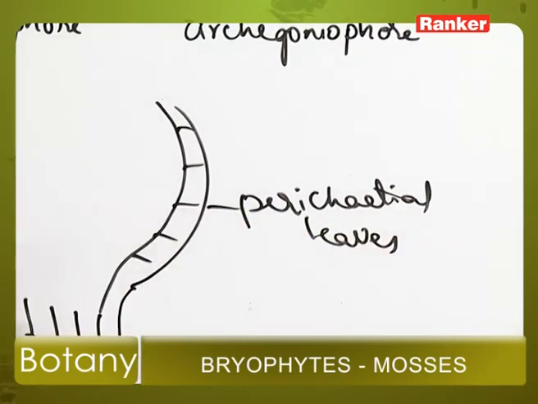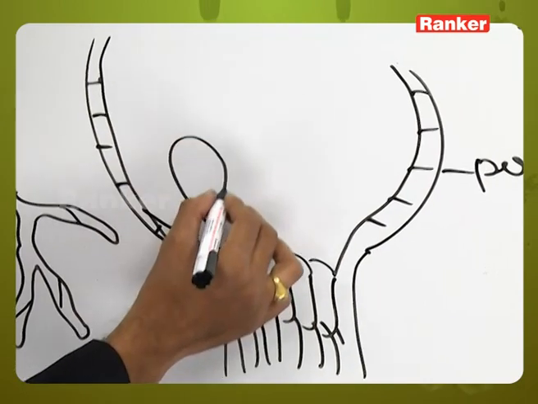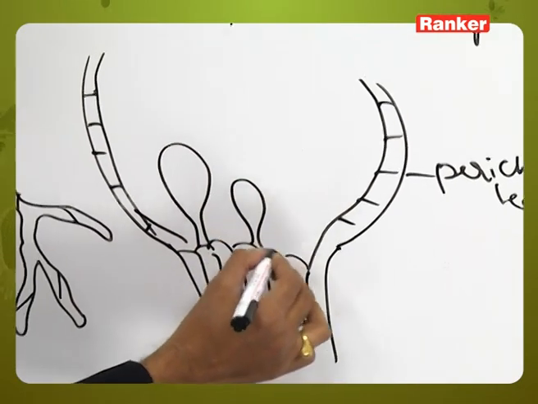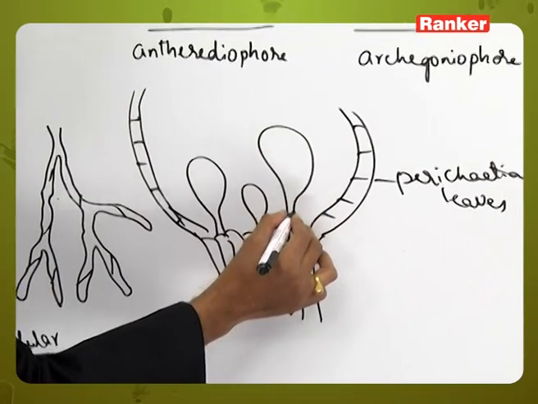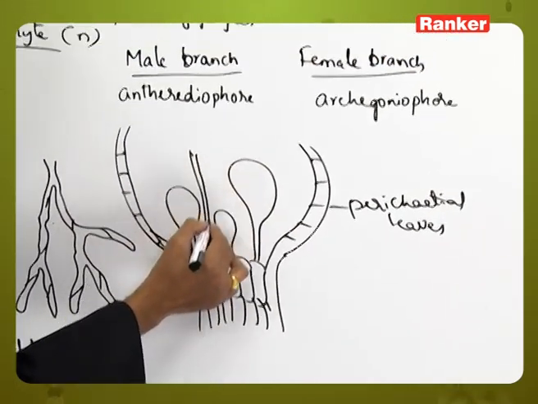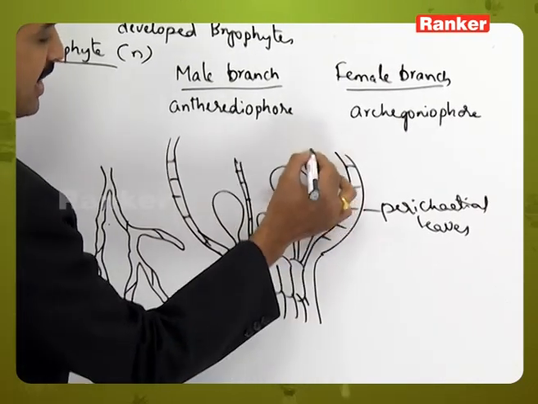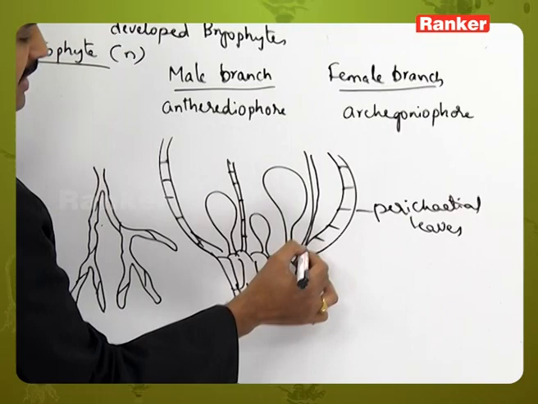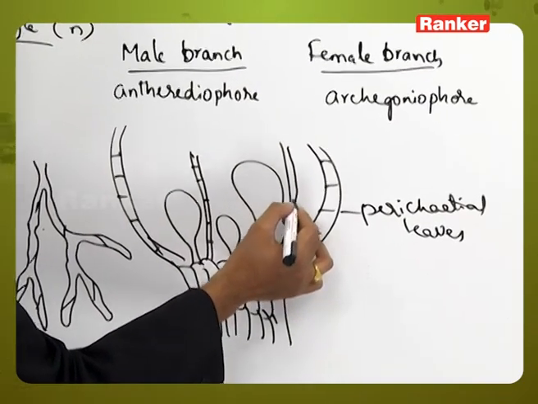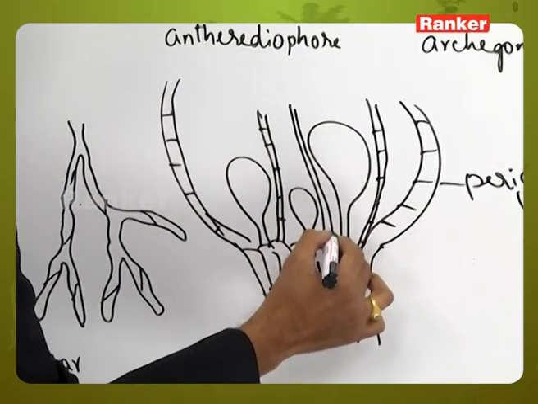which are protective in function, and in the middle region we can see the antheridia of different developmental stages. Along with that we can see some hair-like structures which are green and photosynthetic, and sterile hairs, which do not participate in the reproductive process, and these hair-like structures are called paraphyses.